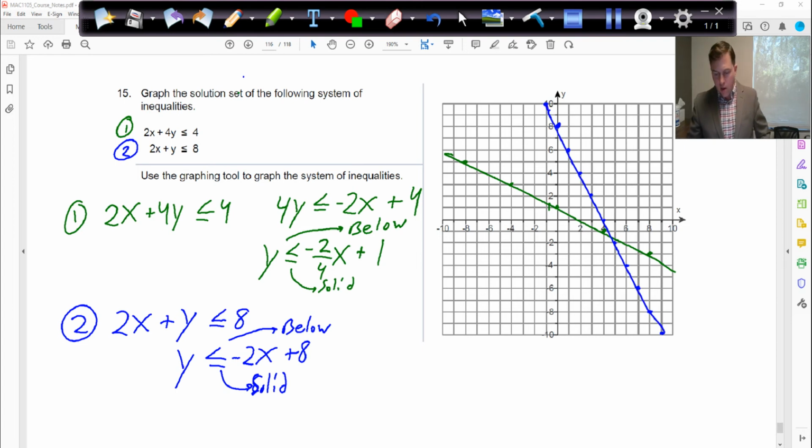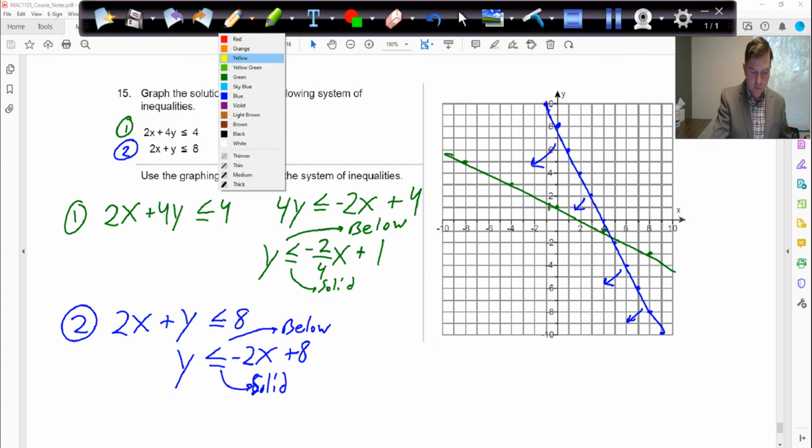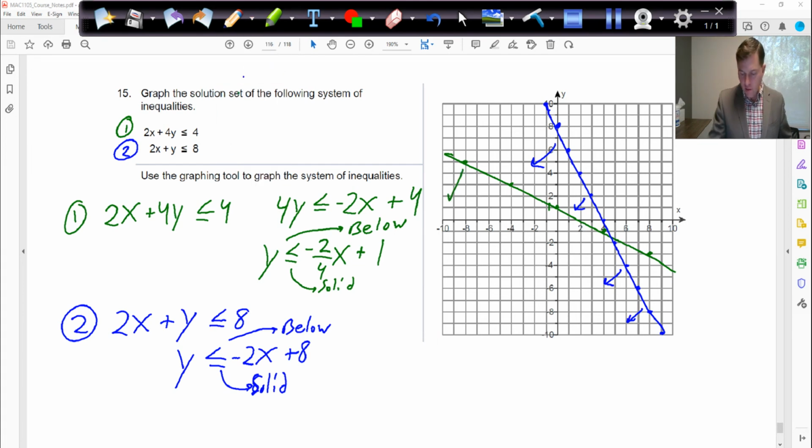Okay. Now, I want to be below both lines. So I'll put arrows here to show us, okay, that's below it. And then for the green line, below it would be here. Now there's only one region where I'm below both. So watch me carefully. It would be right here. Take this corner.